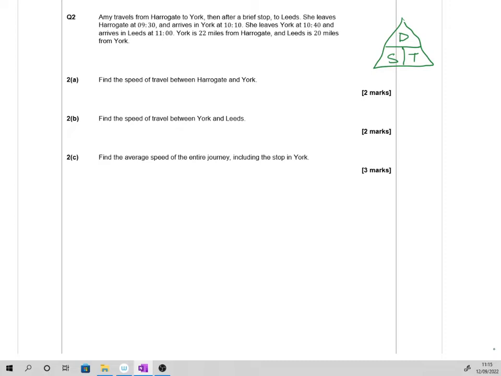She leaves Harrogate and arrives at York, so the time is 40 minutes. York is 22 miles from Harrogate. We want the speed. The speed is the distance divided by the time.